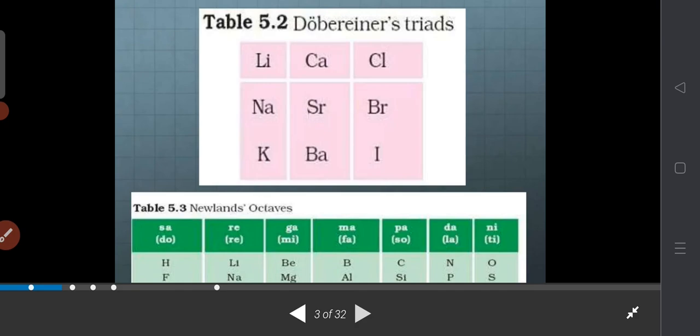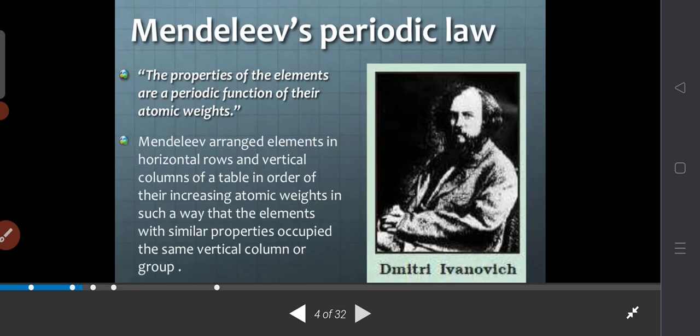So H, then lithium, beryllium, boron, carbon, nitrogen, oxygen is the 7th, then fluorine is the 8th element, which comes again in the first row. But this was not followed for all the elements, because in some cases there were exceptions where the elements did not have the same kind of properties. So it has some limitation.